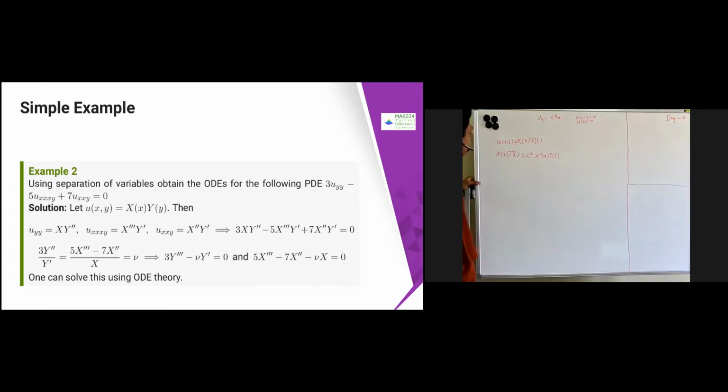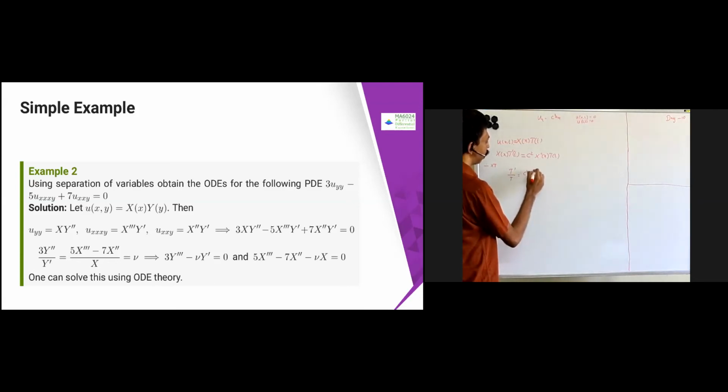Now I can divide again the same way, divide by XT. What you will get is T dash by T equal to c square X double dash by X.